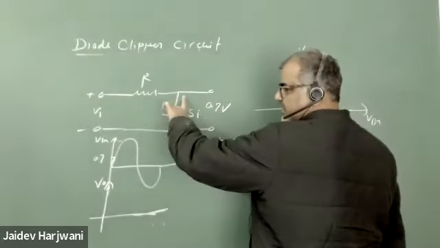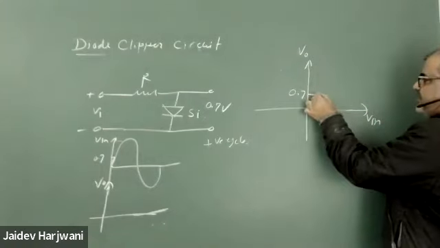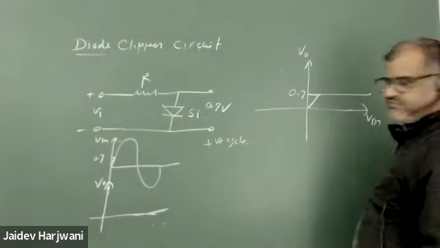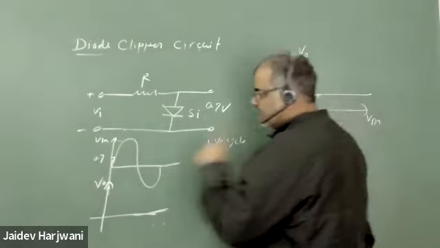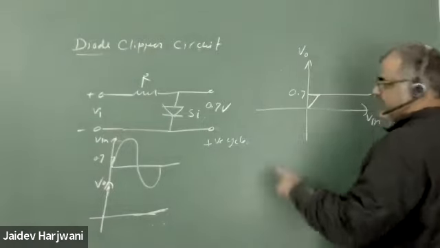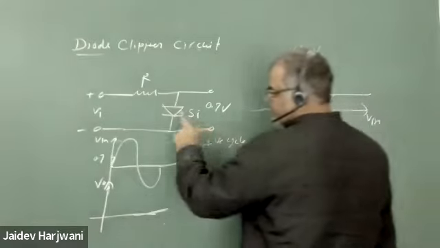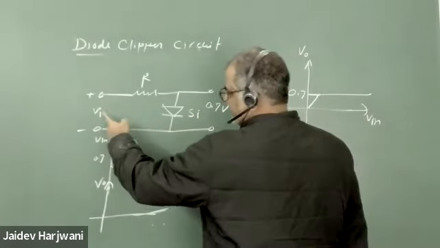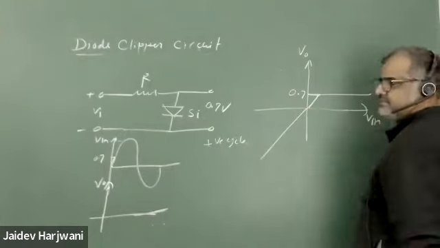That means now this voltage will be fixed to 0.7 in forward bias. And if I take the negative values, this will always be open, always in reverse bias. So whatever voltage you apply comes here. That means this will come like this. Clear?